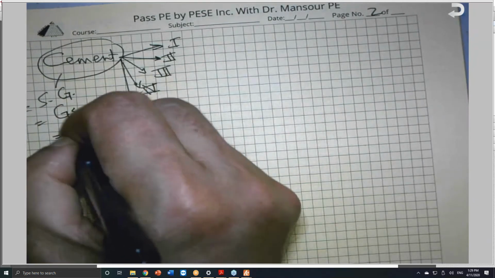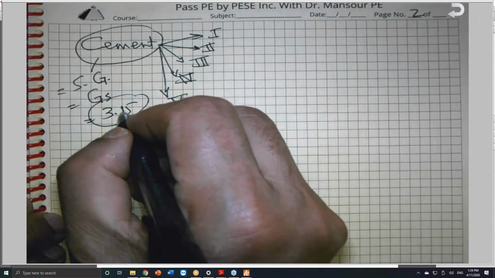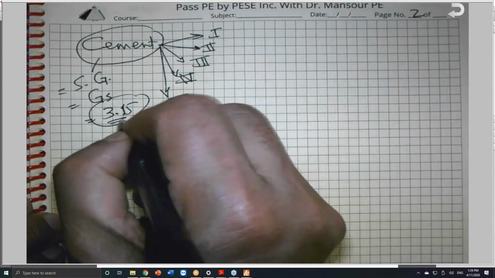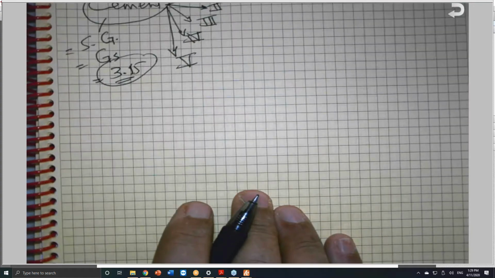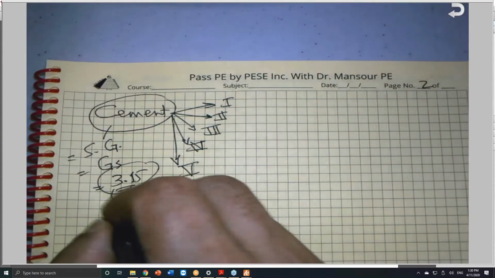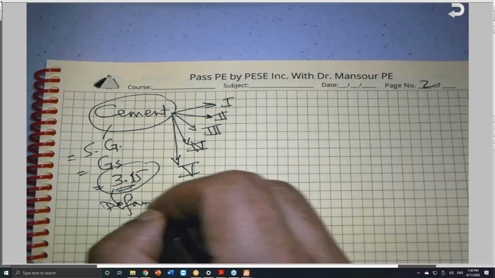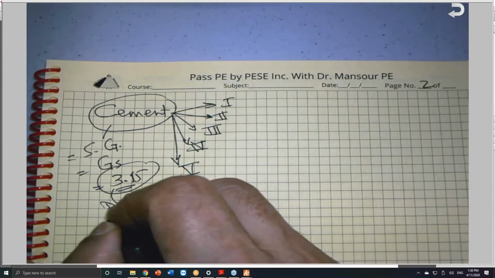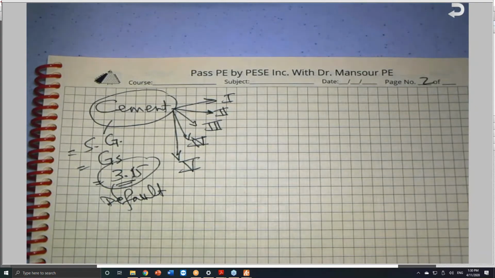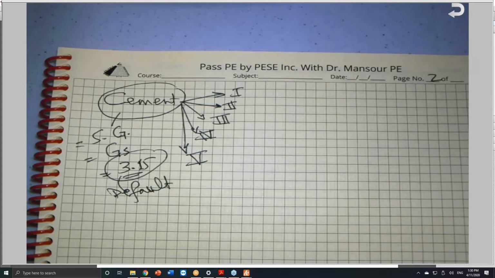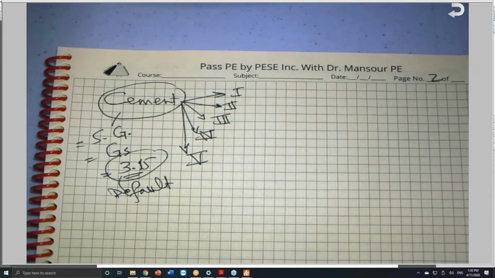We write it like this, or some books write it as GS. It is 3.15 for all types of cement, irrespective of what type of cement. They calculated and it came out 3.15. So this is the default one, unless in the problem statement he gave you 3.14, 3.12, 3, whatever. If it's not given, we take the default of 3.15. Specific gravity is G or GS.